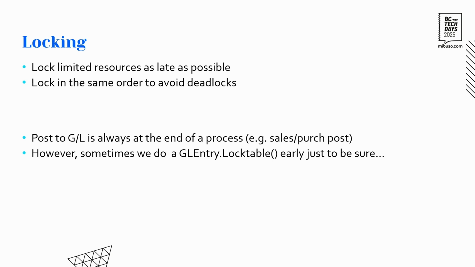So what we, for instance, do for GL is that we try to post GL towards the end of the process. So we lock GL as late as possible. But sometimes we do it early because we are doing different stuff in different orders.